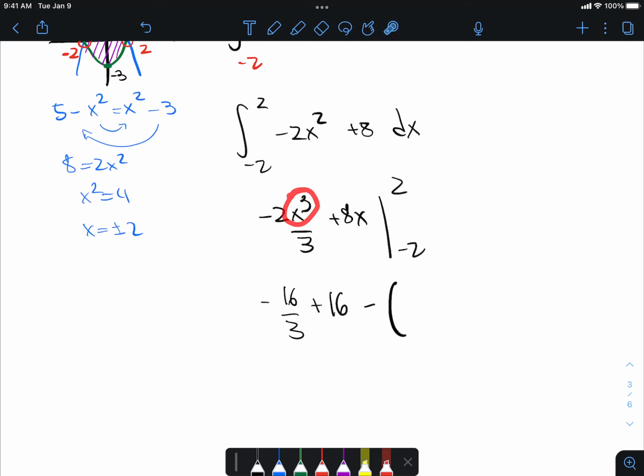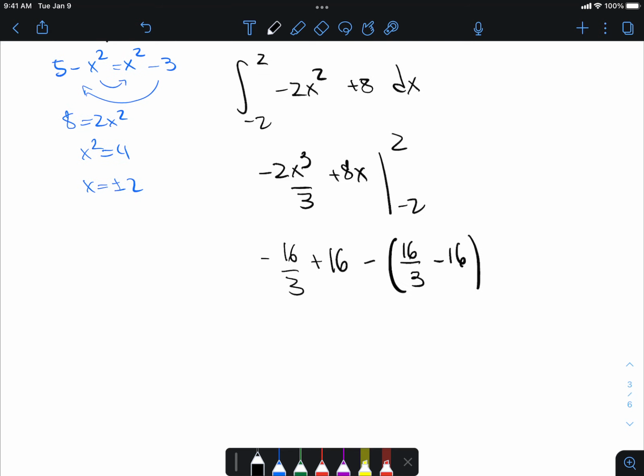Negative 2 cubed is negative 8, with a minus 2, that's a positive 16. And then negative 2 times positive 8, that's negative 16. So those will combine. That's a minus 16 over 3 plus, so this with this right here, right? Remember that the 16 has a minus outside that needs to be distributed. You can combine that to get a 32.